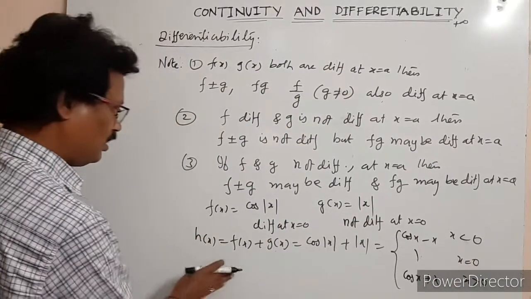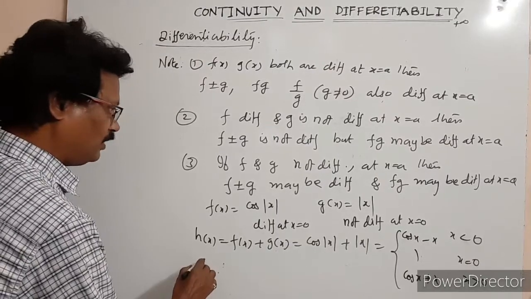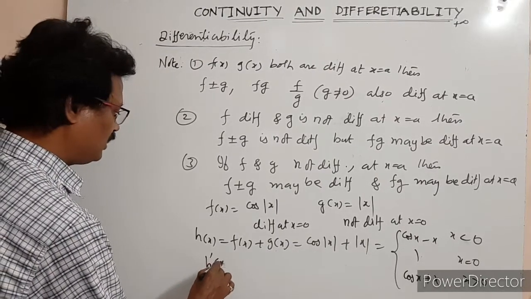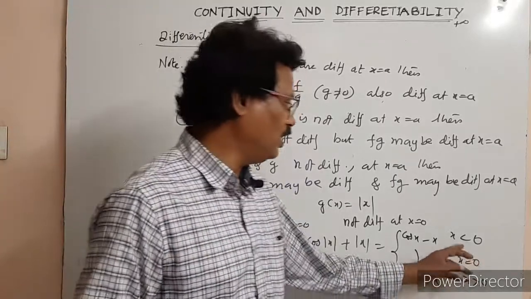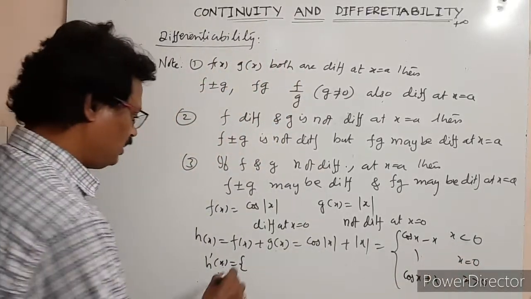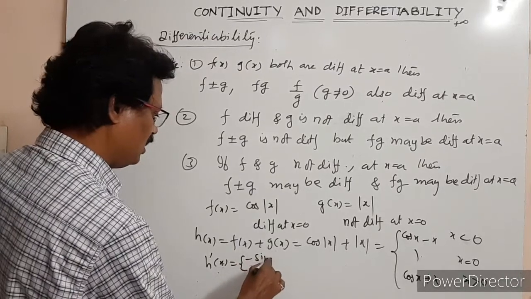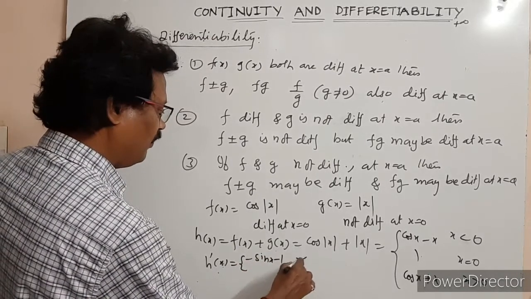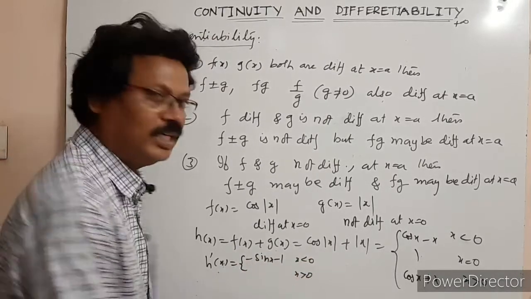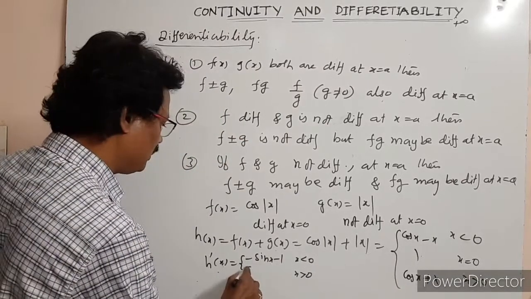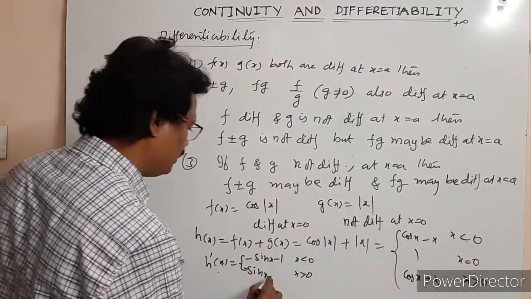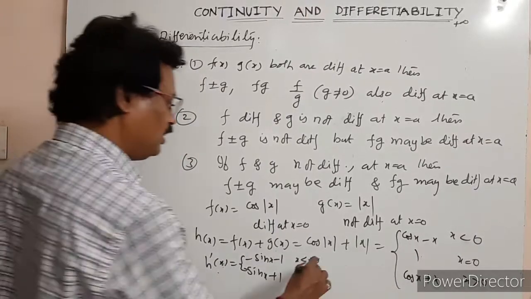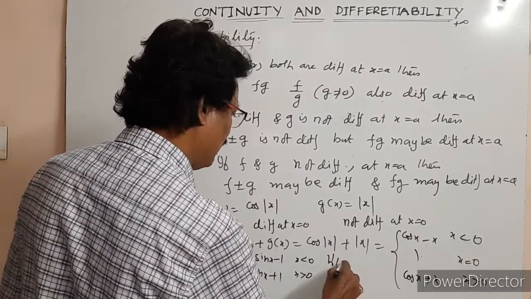Now here, h dash x is equal to what? Cos x derivative is minus sin x, and the derivative of minus x is minus 1, where x is less than 0. Where x is greater than 0, cos x derivative is minus sin x, and x derivative is 1. What is h dash 0 minus?